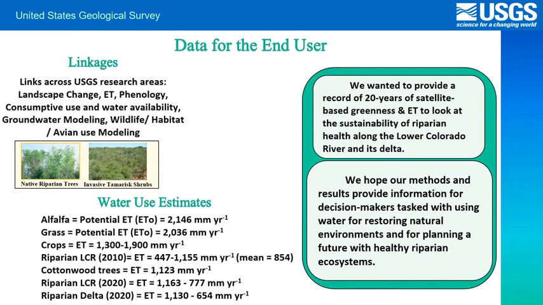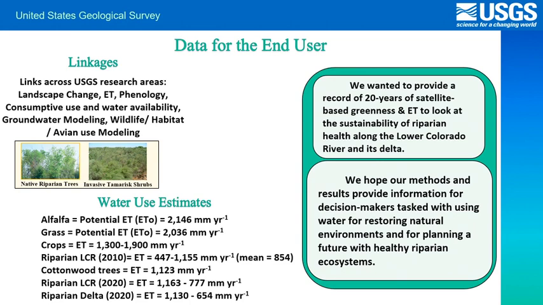And we wanted to provide a record of the last 2 decades of vegetation greenness for these riparian zones and their water use so that we could look at the sustainability or the riparian health along this portion of the lower Colorado River in the delta. We hope our methods and results provide information for decision makers tasked with using water, for restoring natural environments, and for planning a future with healthy riparian ecosystems.